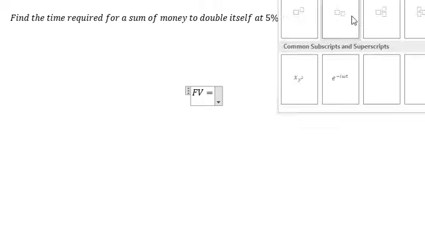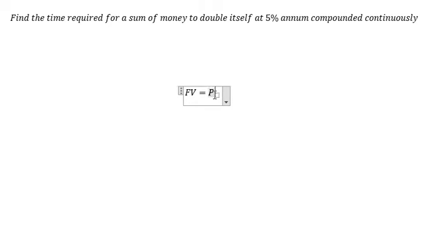The question they mentioned, we need to find the time to make sure that the total of the money to be double with 5% annual compounded continuously. So we have future value equals to B0, and we have e to the power of r, that's about interest rate, t, that's about time.